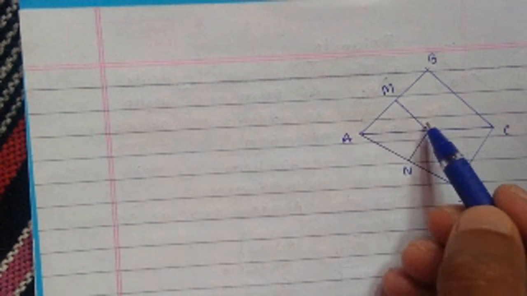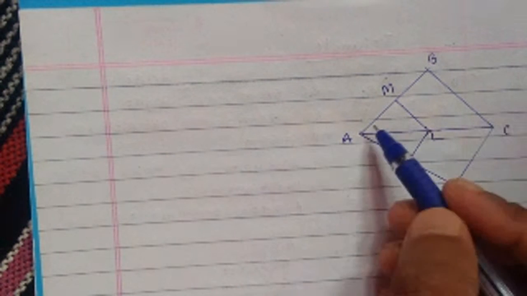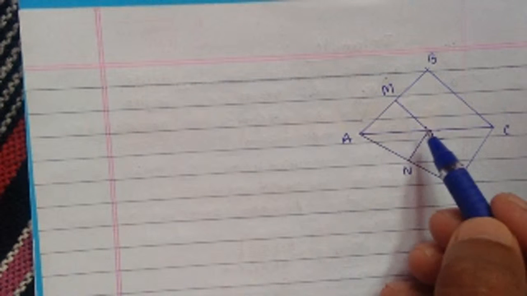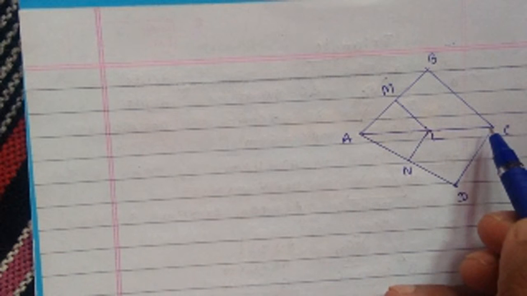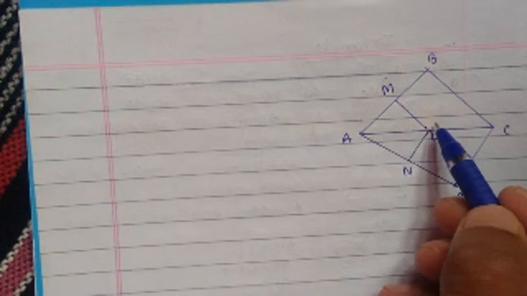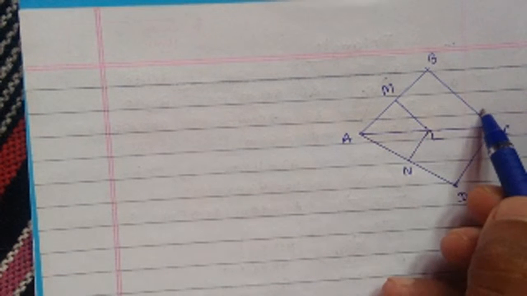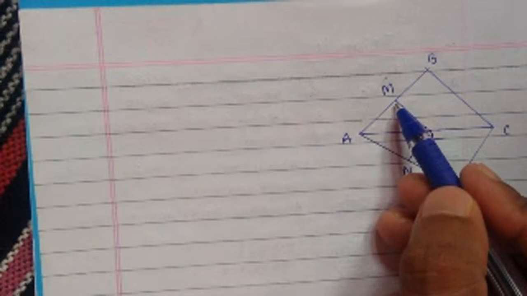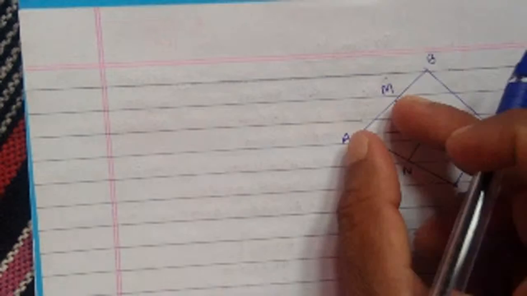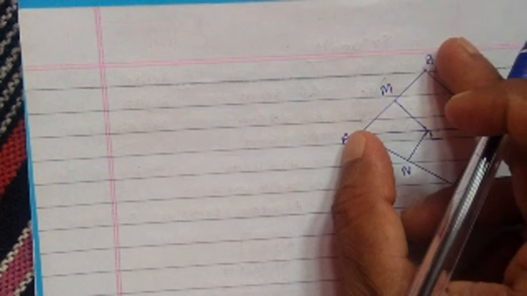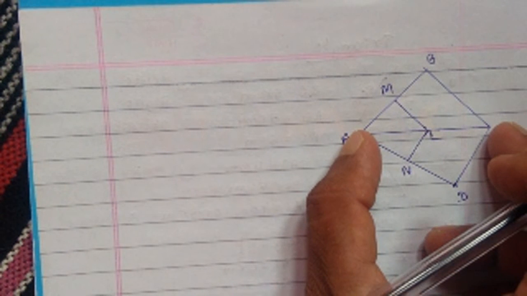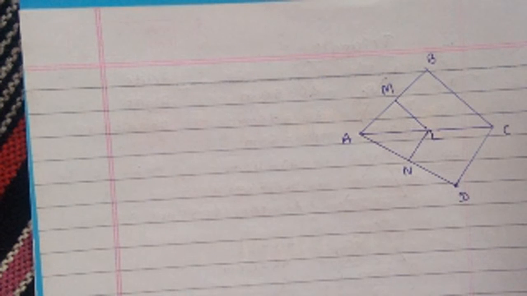If LM is parallel to BC, then AM divided by MB is equal to AL divided by LC, that is Thales' theorem. And corollary of Thales' theorem states that if LM is parallel to BC, then AM divided by AB is equal to AL divided by AC.